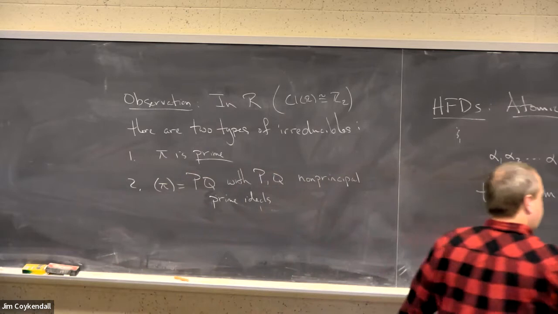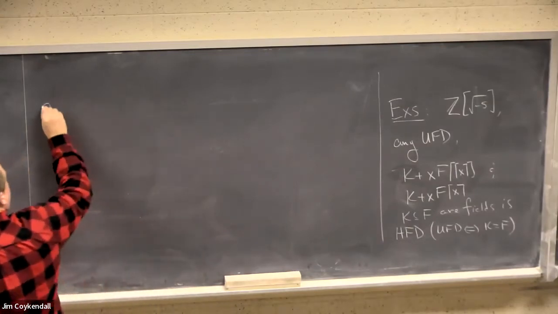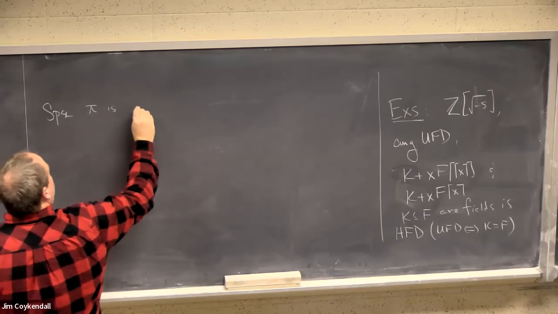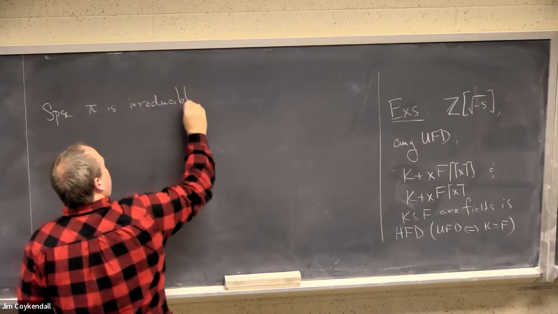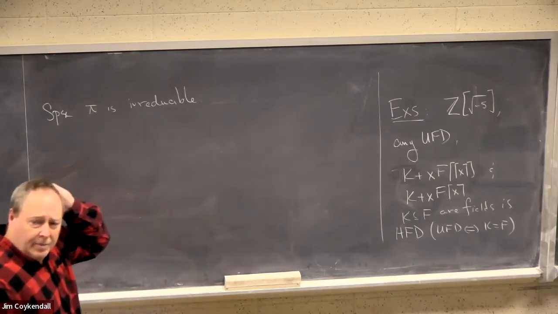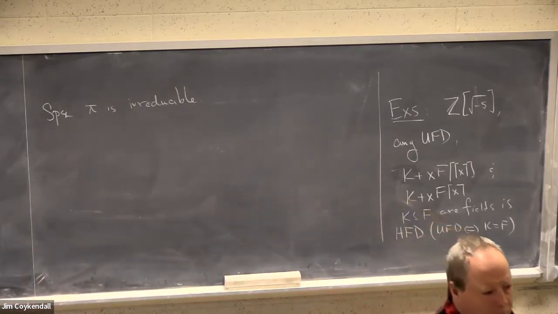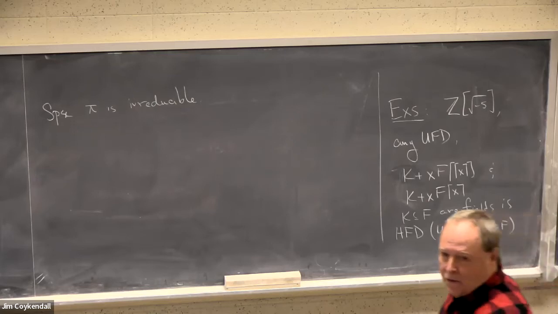Let me justify the statement. Now, this is part of the magic of Dedekind domains. So I can take the principal ideal generated by pi and I can factor it into the prime ideals uniquely.